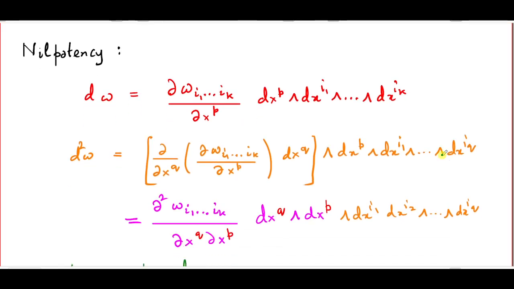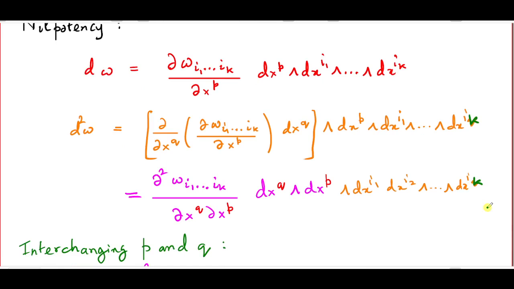So what you end up with is the second derivative with respect to xq and xp of omega I1 through ik, dxq wedge dxp, then it's followed up by dxi1 wedge dxi2 up to dxik. All of these are K's.